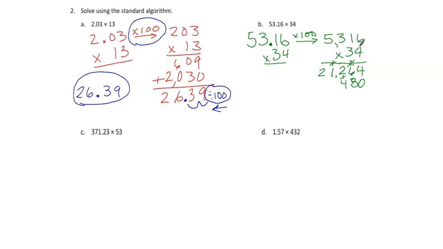Then I have 3 tens times 3 hundreds is going to be 9,000. Then I have 3 tens times 5 thousands is going to be 15 10,000s, which is 5 10,000s and 100,000.